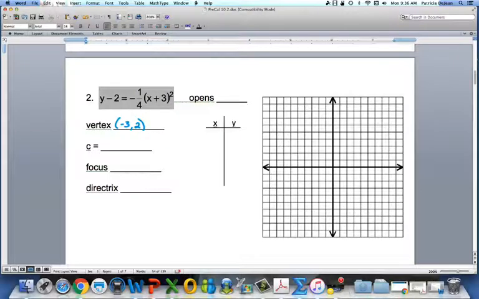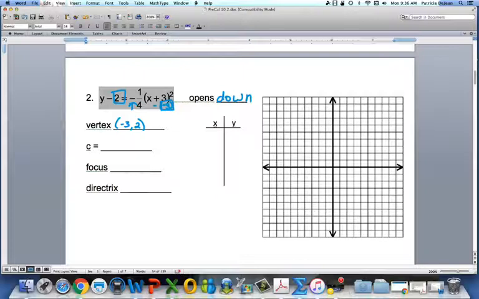Remember, to get a plus in there, it's minus a negative 3. And then that's just a 2 when we think of take the K and take the H. The H is in with the X. And the K is in with the Y. This, because of the negative right here, is going to open down. And again, you've done these before. So that opens down.